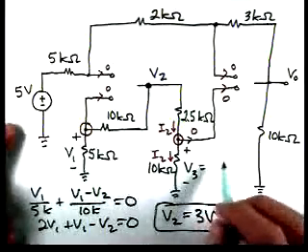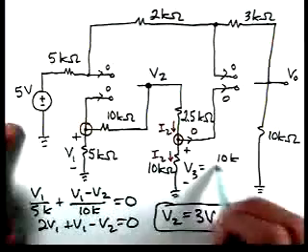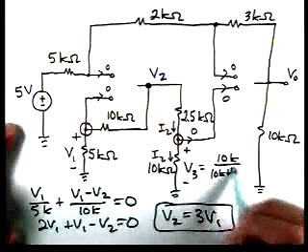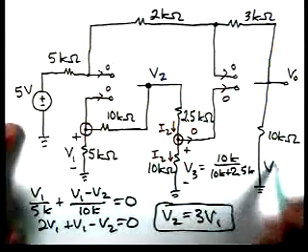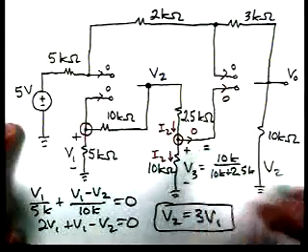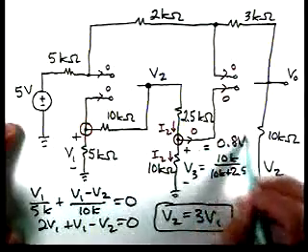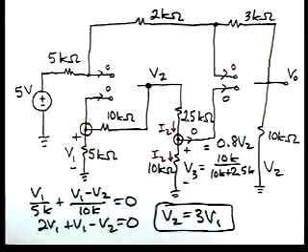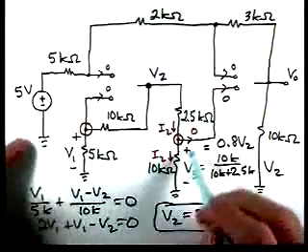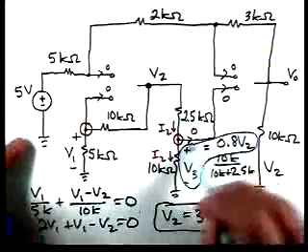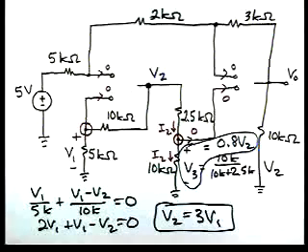So then V3 is 10K over 10K plus 2.5K times V2. And if we calculate that, V3 is equal to 0.8 times V2. So now we've got relationships between V2 and V1, also between V3 and V2. So let's continue our analysis.